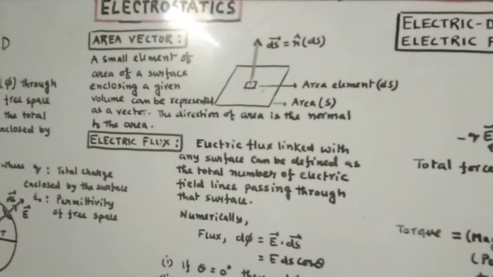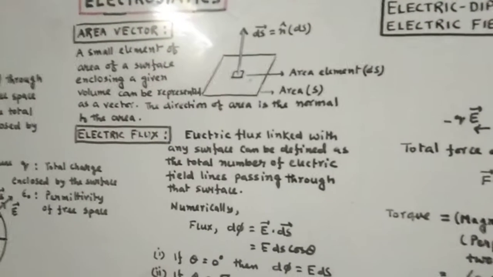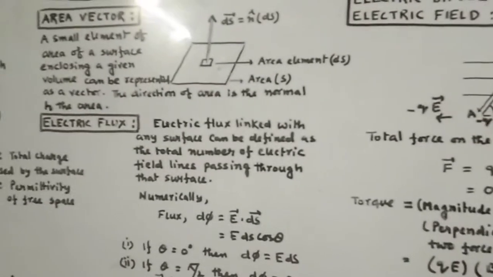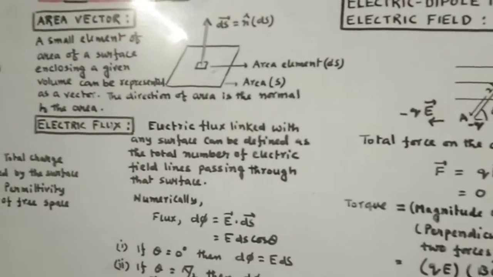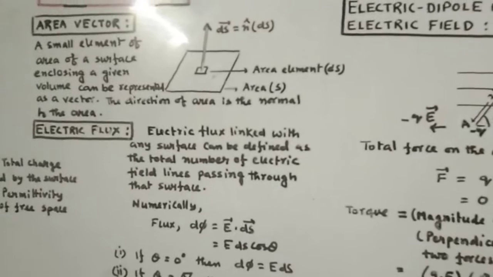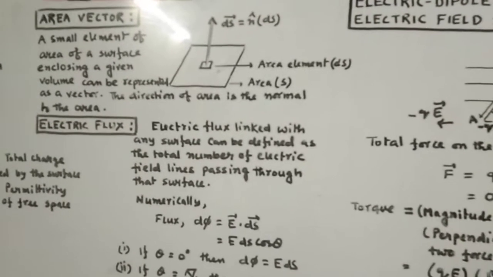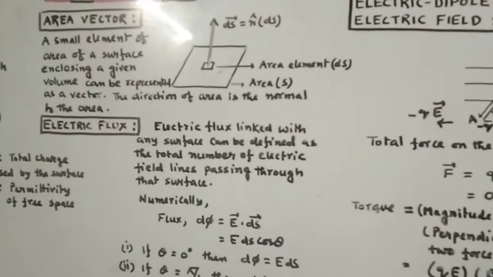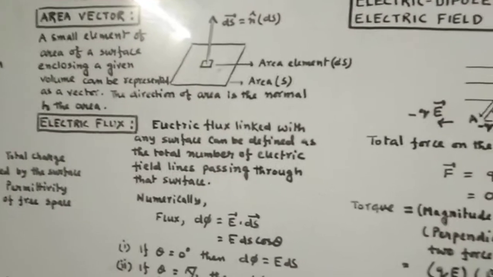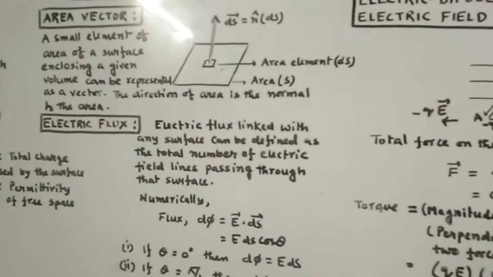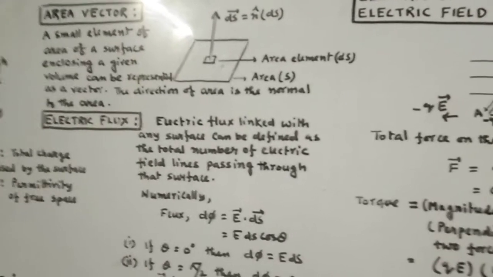Now next let me go for the electric flux. When it comes to the term flux, flux means a large number of field lines. Field lines we have already discussed. So if you collect field lines, then that together can be defined as your flux.